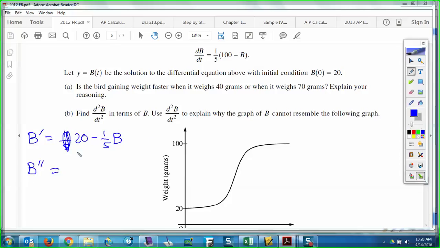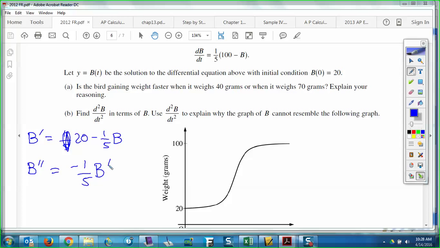So, what is the second derivative? Okay, we do the derivative of this. What's the derivative of 20? Nothing. What's the derivative of negative 1/5 b? Negative 1/5 b prime, right? This is implicit differentiation. Now, in terms of b means it's going to have b's in it, but it's still with respect to what?